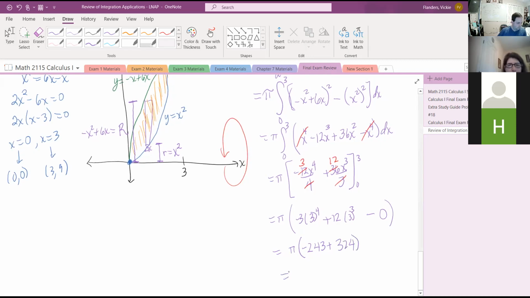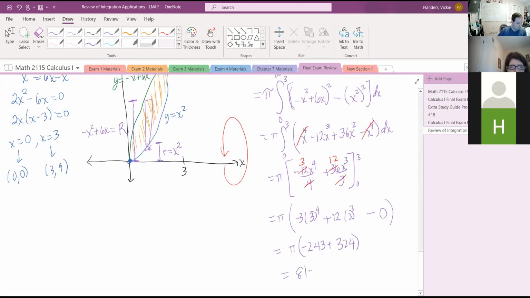So I get 324 minus 243. I get 81 pi. And this is cubic units.